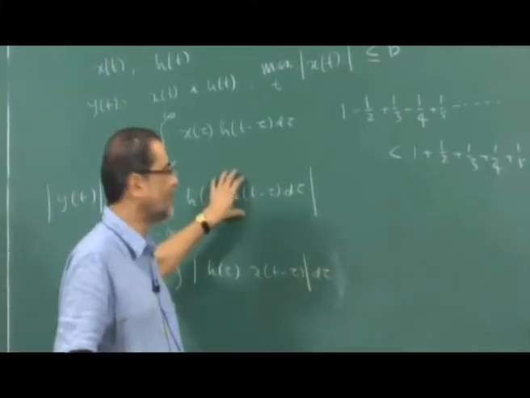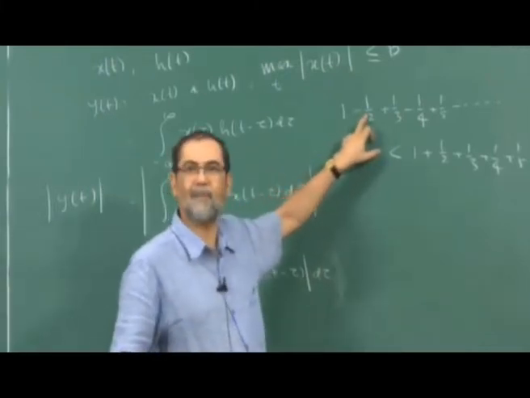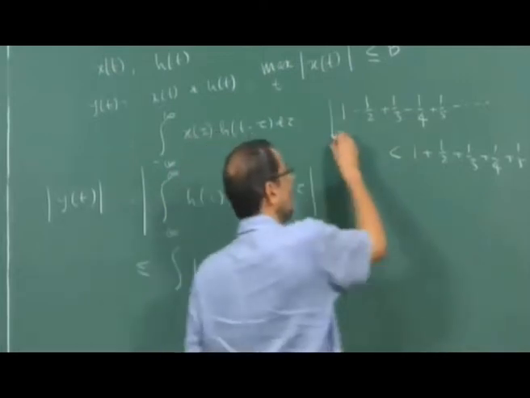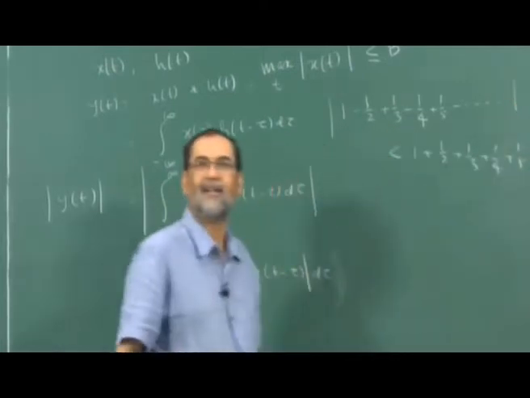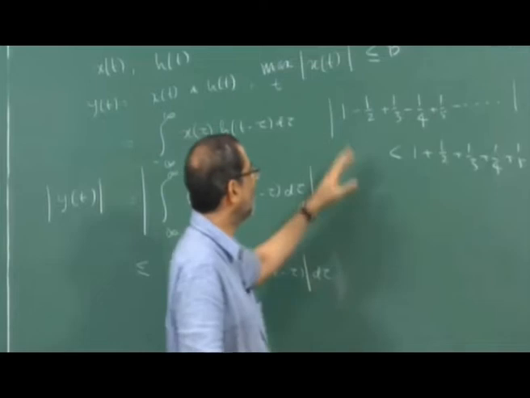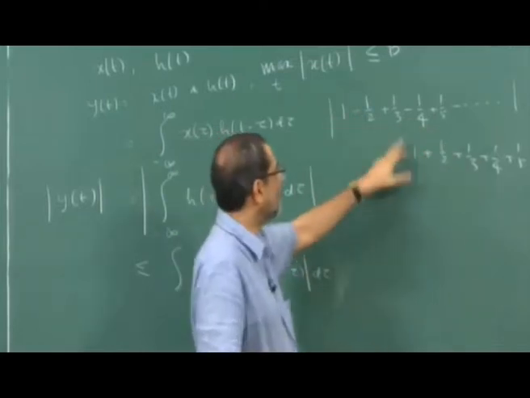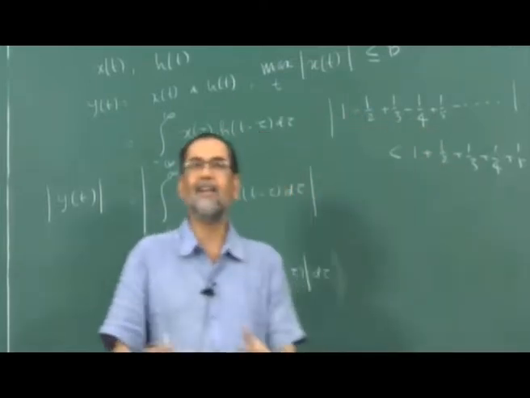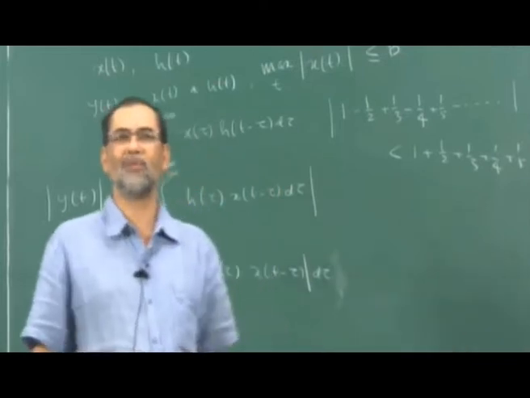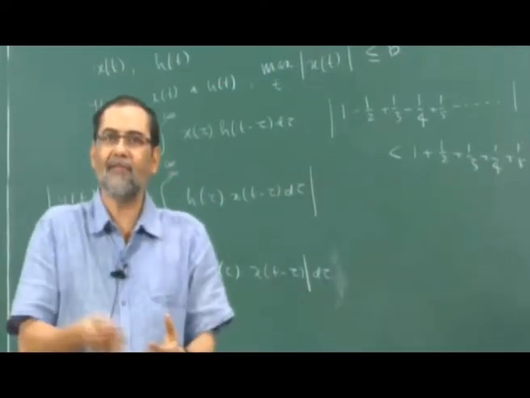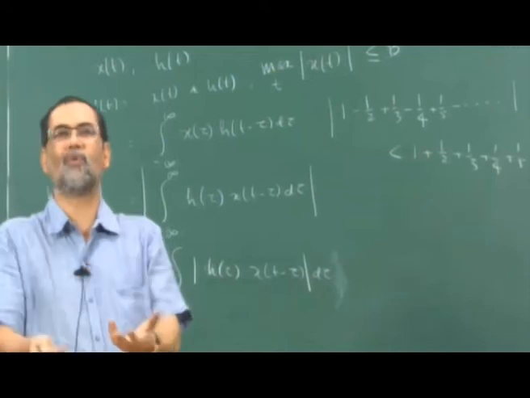In the first integration, some terms can be positive and some negative, and I am taking the absolute value outside. That is less than the sum of individual absolutes, because then I am adding up only positive numbers.